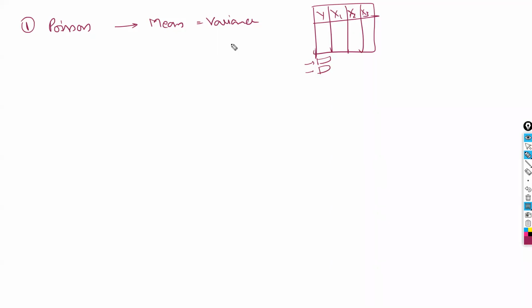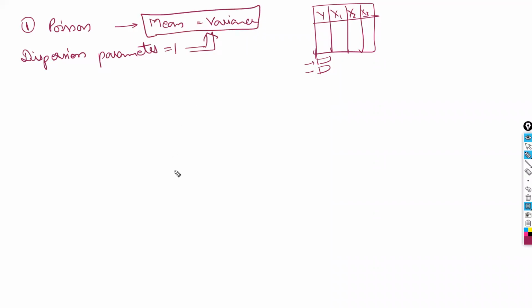So usually what people look at is the dispersion parameter, which you get when you run your algorithm. If this value is equal to 1, that implies mean equal to variance. Point number 1.